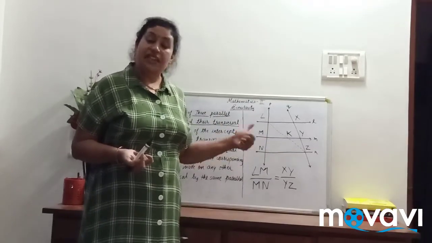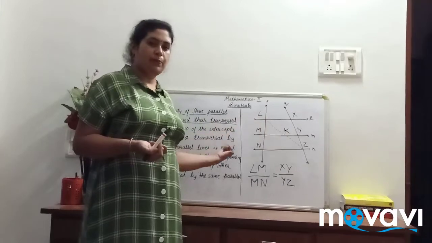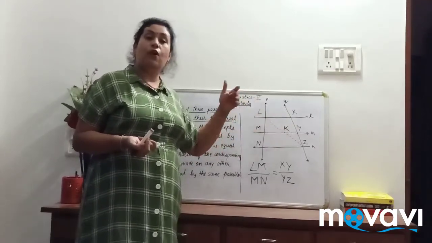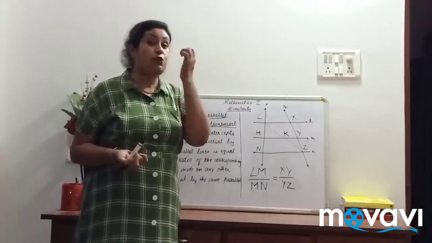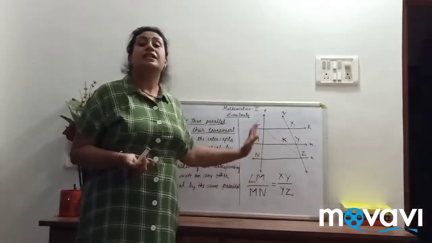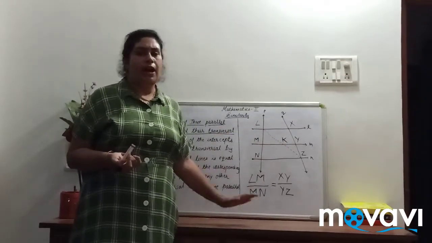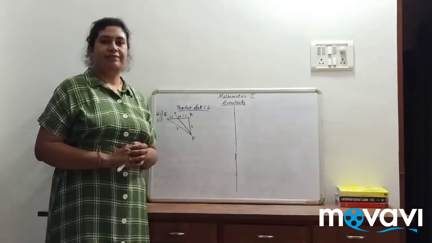Second thing is the given, must, with respect to your diagram, not with respect to your statement, but with respect to your diagram, with the labeling and all, you just have to mention in the given. Then what are you supposed to prove? That is also important. Construction if it is there, and then go for your proof. I hope you will be able to write the proof for this, okay? So let's proceed further.